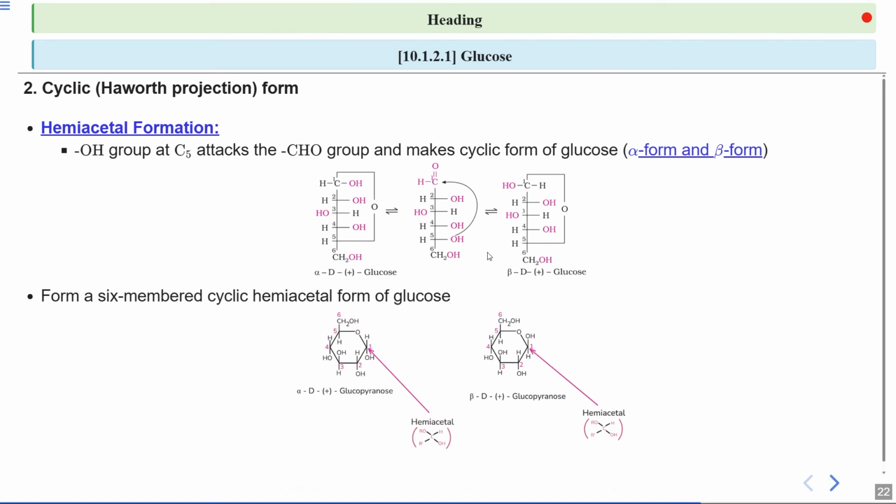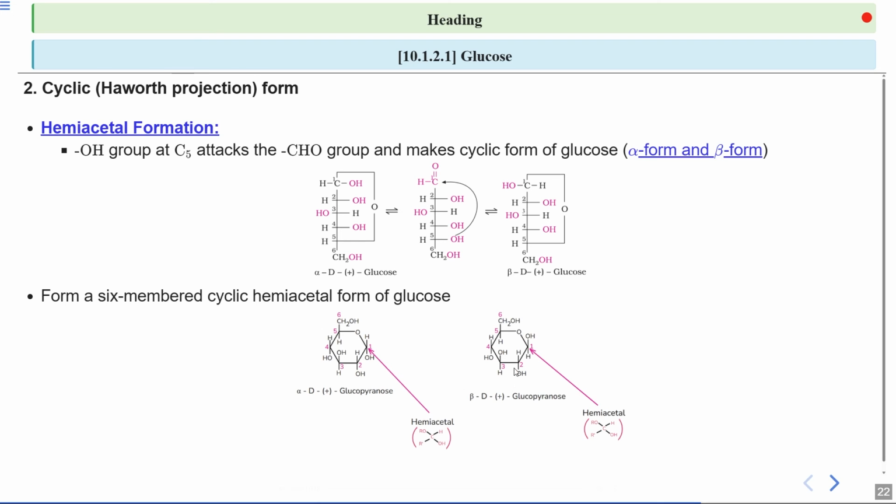So over here, this is the alpha D-glucopyranose. At carbon number 1, the OH group is pointing downwards, and this is a hemiacetal. Why hemiacetal? Because in a hemiacetal, on the same carbon, one group is an OH group and one group is an OR group. So on this carbon, one is this OH group and one is this OR group.